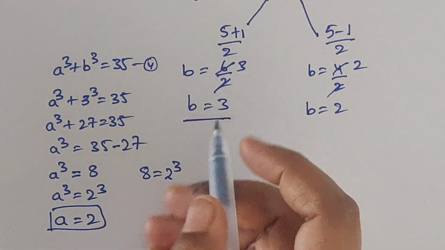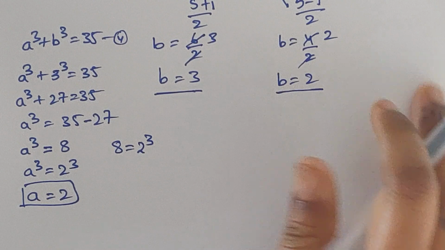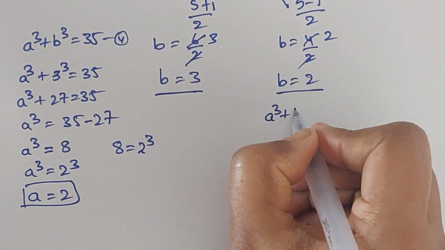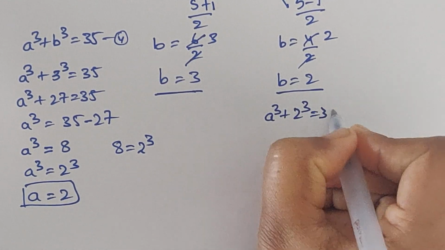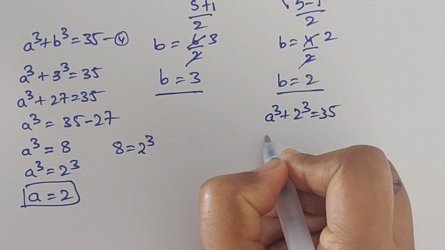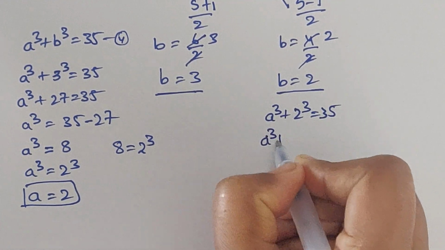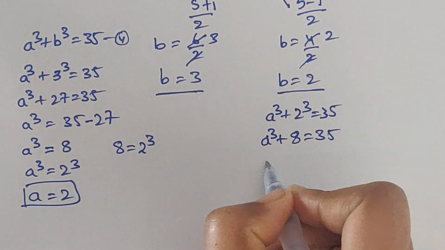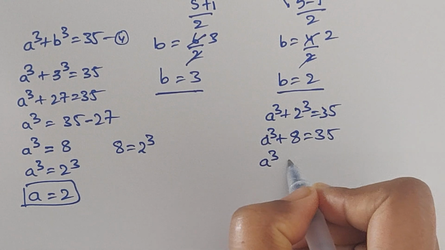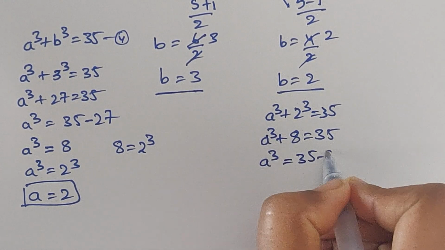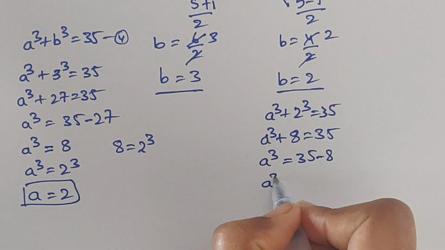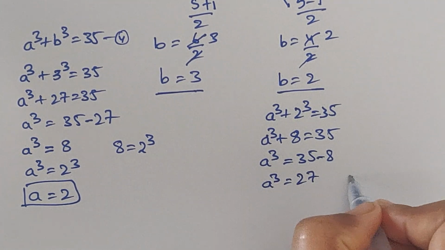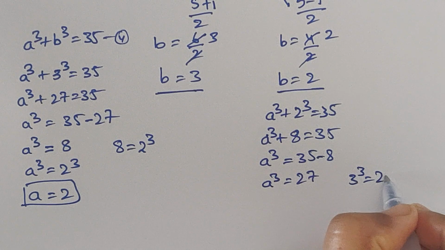So now let's try with the other value. So a cube plus b value is 2 cube equals 35, so a cube plus 2 cube which is equal to 8 equals 35, and a cube equals 35 minus 8 which is equal to 27. So 3 cube equals 27.